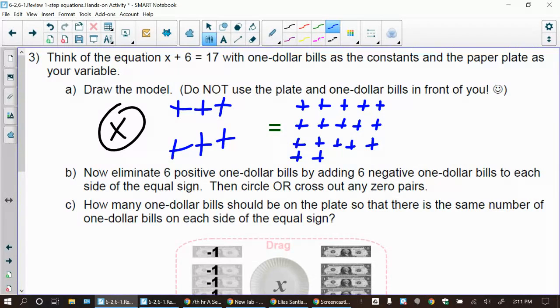Okay. Now we need to eliminate 6 positive $1 bills by adding 6 negative $1 bills to each side.